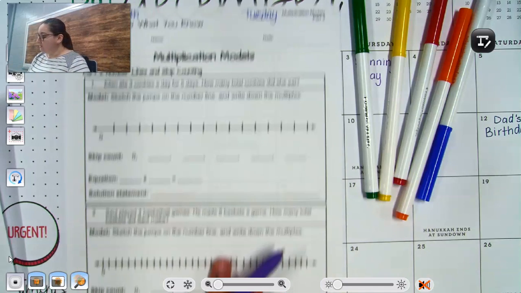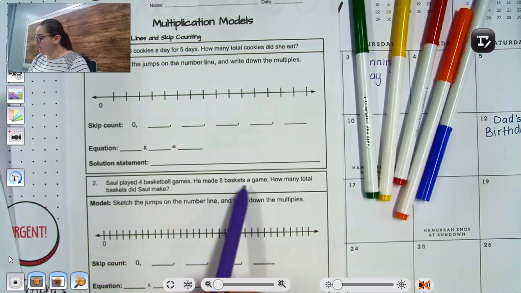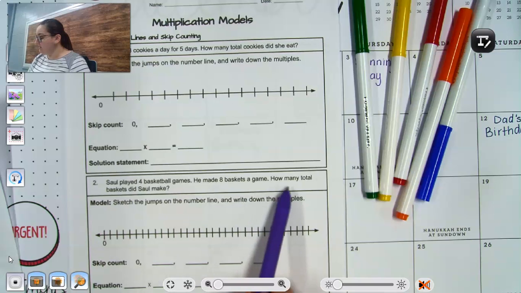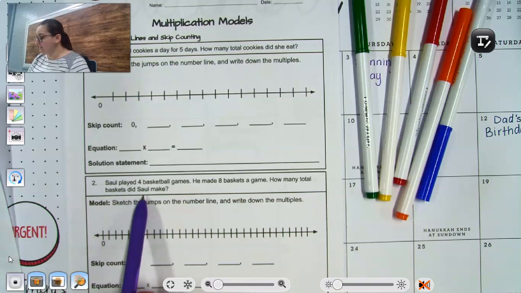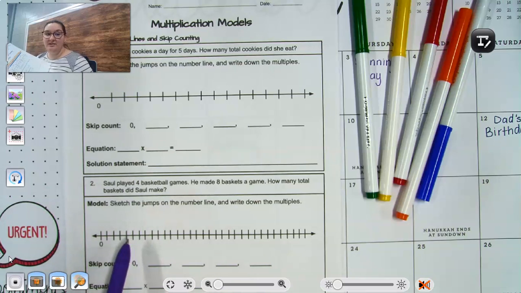Saul played 4 basketball games. He made 8 baskets a game. How many total baskets did Saul make? So he had 4 games, and in each game, he made 8 baskets. Show me that on a number line.